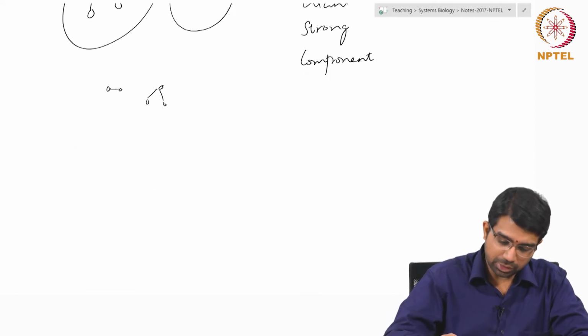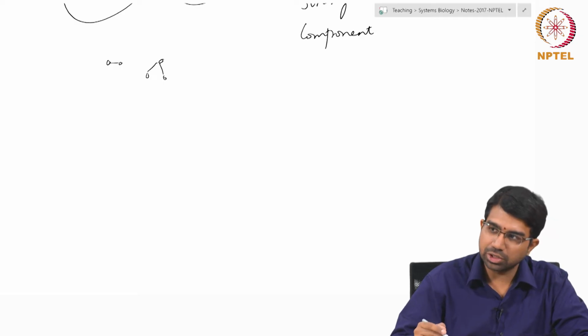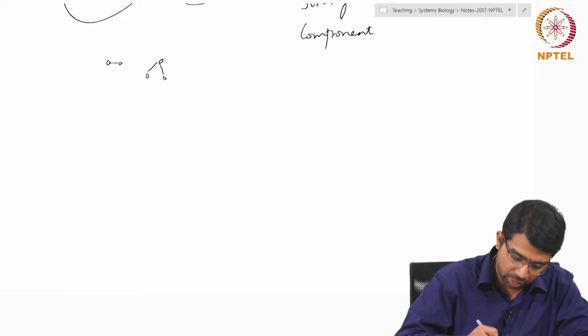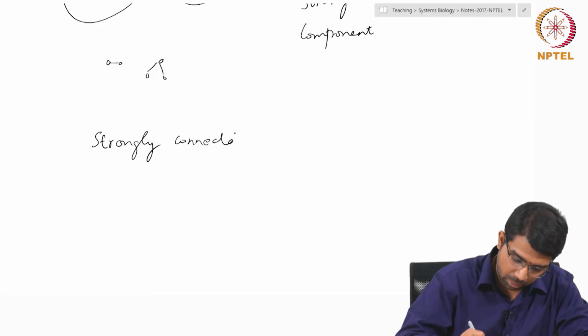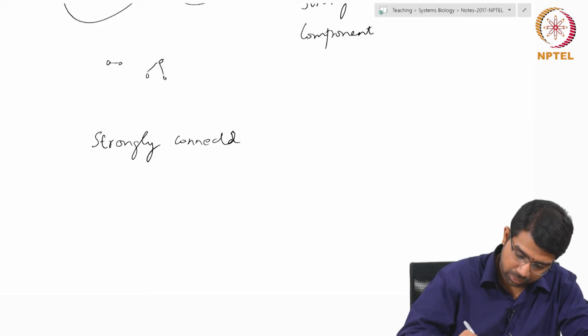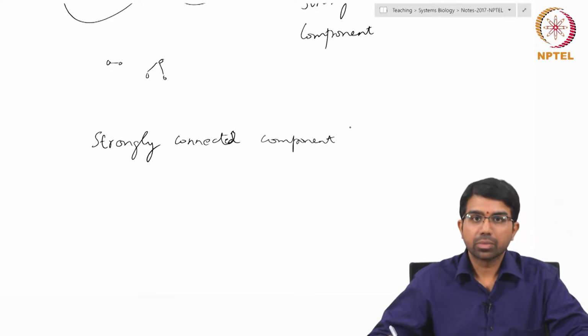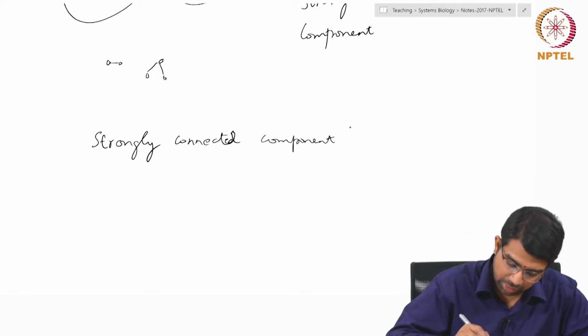So, if you were to now extend this definition to a directed graph, you get what is known as a strongly connected component. What is a strongly connected component?